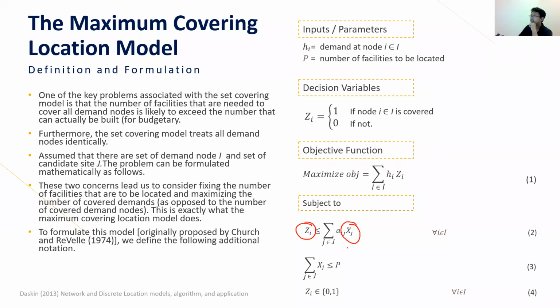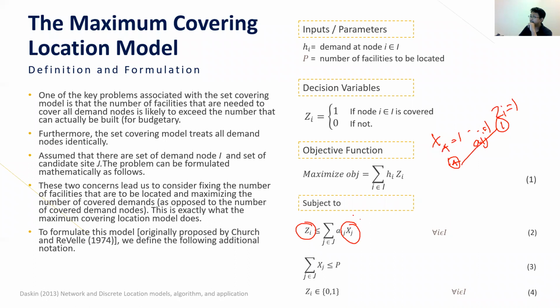For example, if you have xa here equal to 1, and then it covers z1. Okay, so z1 will always be equal to 1 if you have this aij equal to 1.